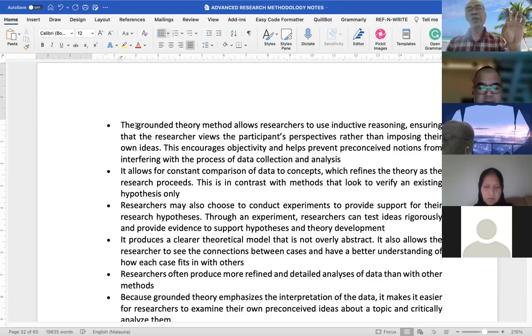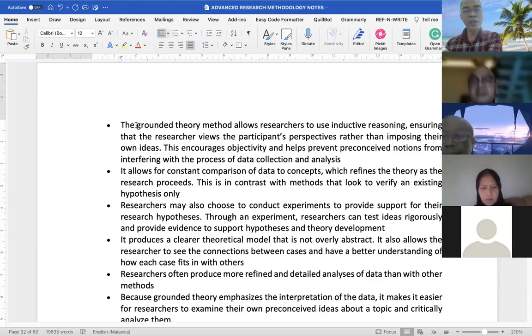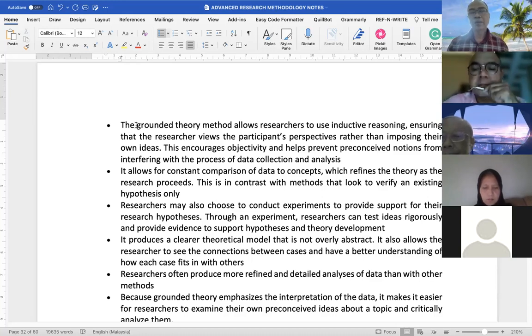For example, the first coding is religiosity. Second coding is perception towards distribution. Third coding is, for example, attitude, and many more codings. So for example, the first coding is religiosity.